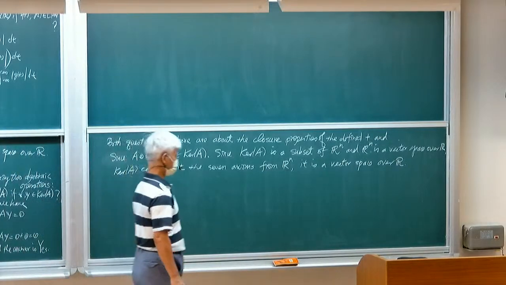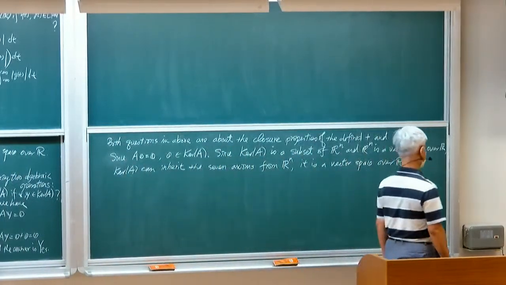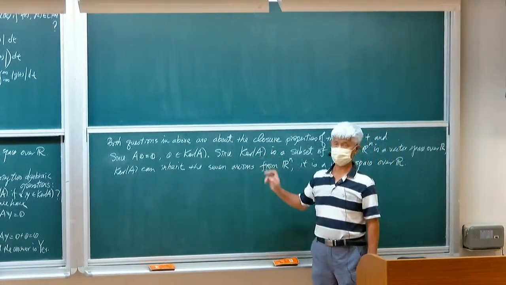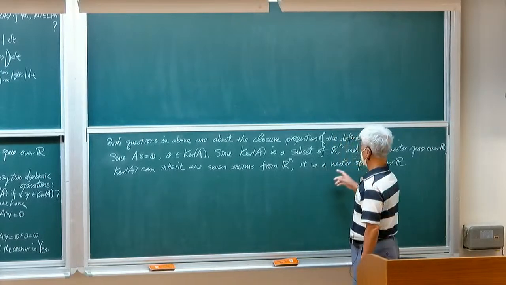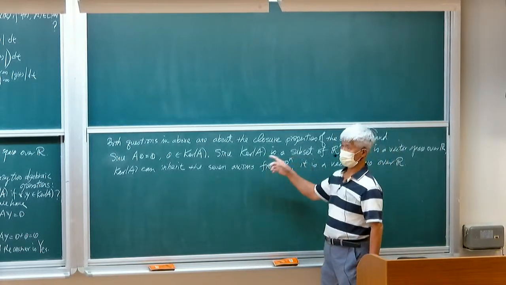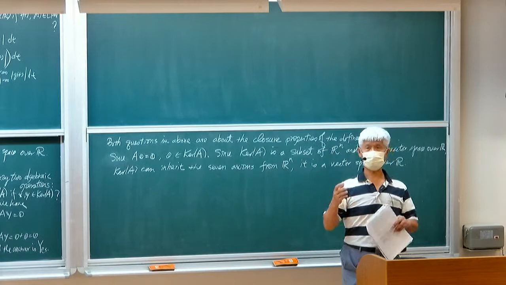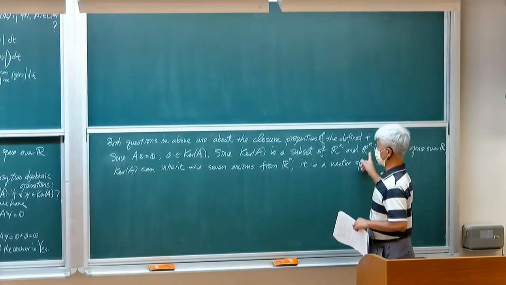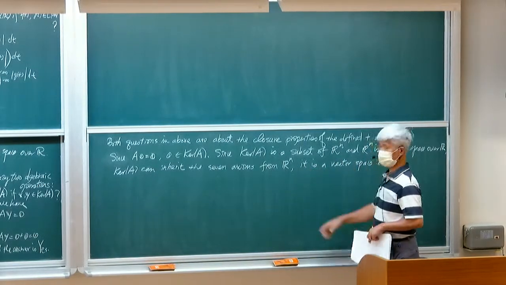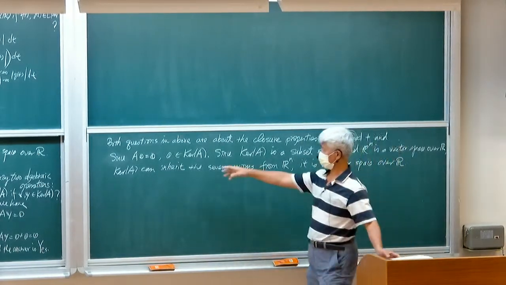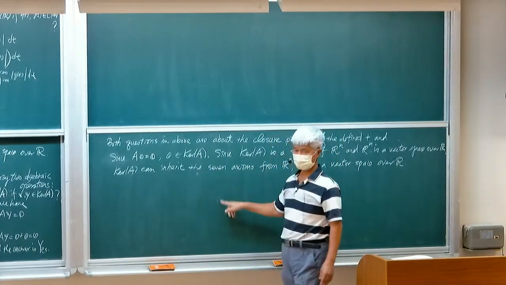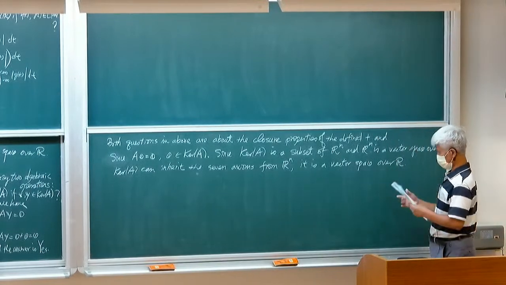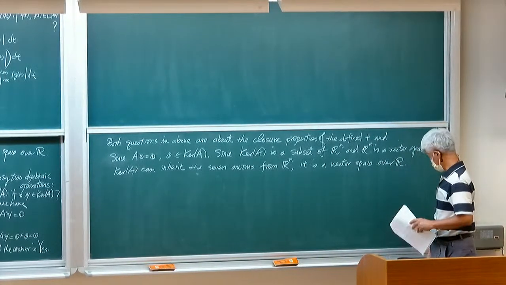But we are very fortunate that the 0 vector in Rn is in the kernel of A. So the kernel of A will inherit axiom number 3 from Rn. And actually, the kernel of A can inherit all the 7 axioms, so that the kernel of A itself is a vector space over R.